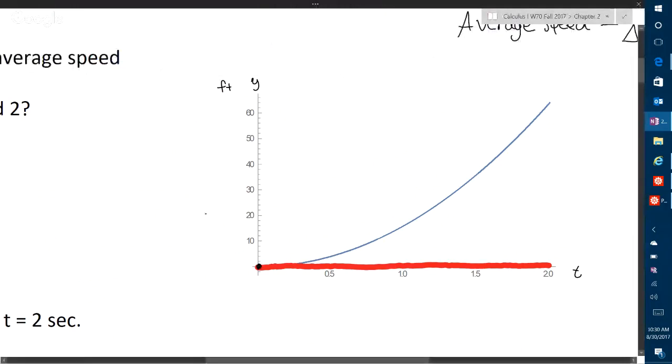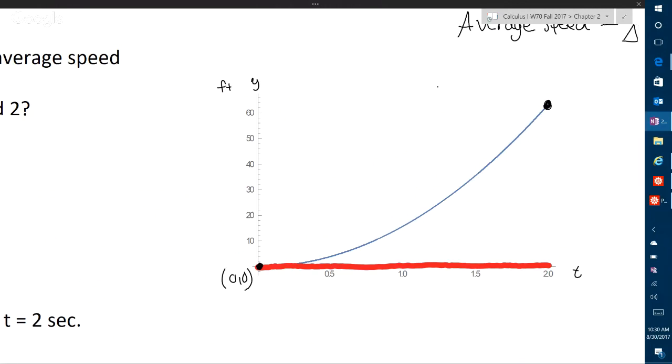We know that this is the origin, and that's 0, 0. Up here at 2, 64. If you don't know what that is, remember the function is specified. You can always substitute in 2 into the equation and get back what the y value should be, or the function value.